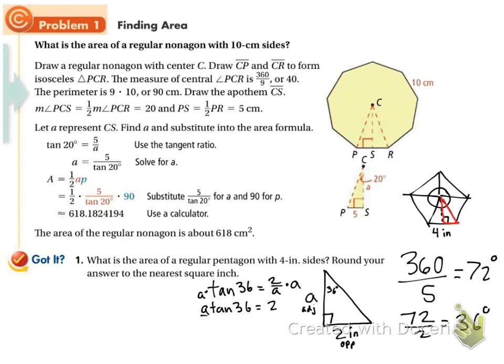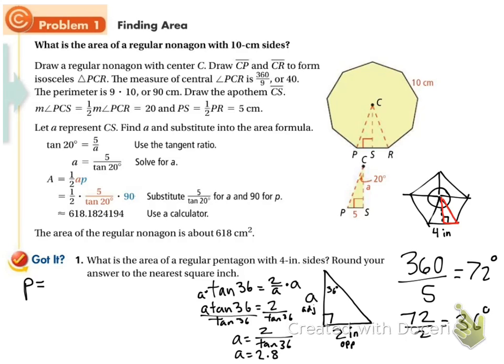I'm trying to get A alone, so I'm going to divide by the tangent of 36. So A is equal to 2 over the tangent of 36, which on a calculator gives me about, let's say, 2.8.